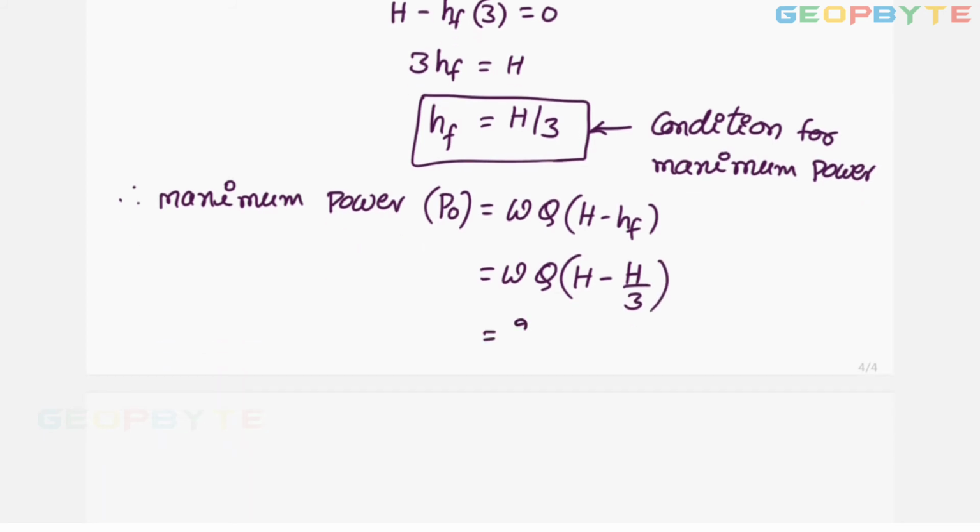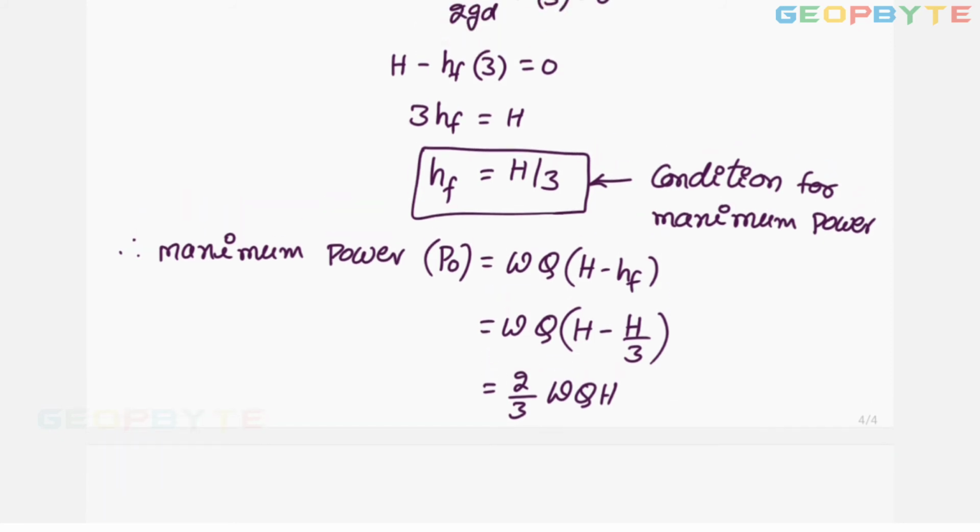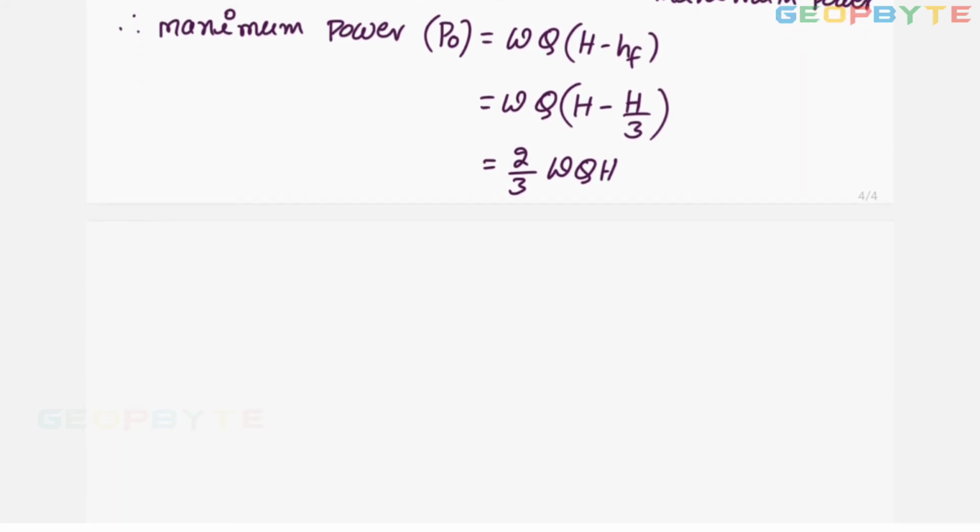Simplifying this value, it is equal to 2 by 3 into W into Q into H. That is the maximum expected power in the water at the outlet of the pipe. I hope you clearly understood. Then efficiency general formula.